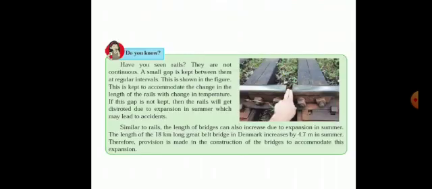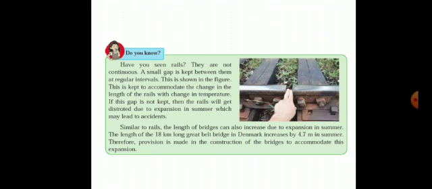Have you seen rails? They are not continuous. A small gap is kept between them at regular intervals. This is shown in the figure. This is kept to accommodate the change in length of rails with change in temperature. If this gap is not kept, then the rails will get distorted due to expansion in summer, which may lead to accidents.